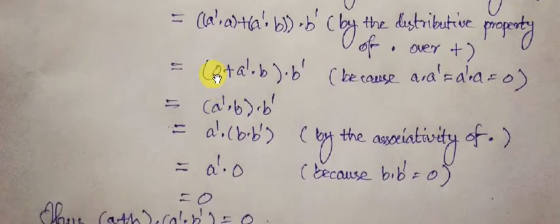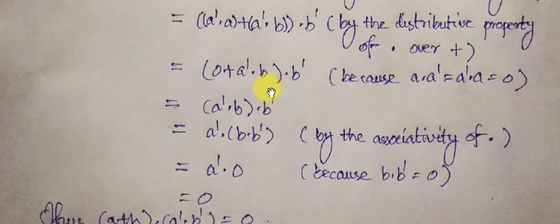Now 0 being the additive identity element, 0 plus a complement into b is equal to a complement into b, into b complement. So a complement into b complement.